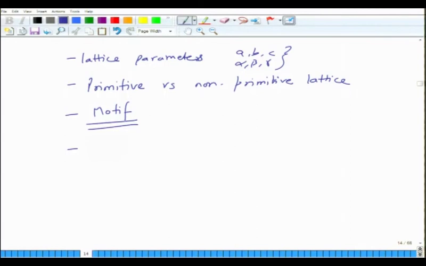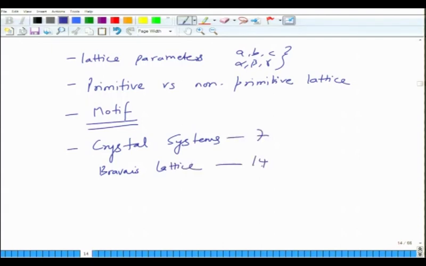And then we moved on to the concept of crystal systems and Bravais lattices. So, you have 7 crystal systems, you have 14 Bravais lattices. We have seen why we do not have 28. The possibilities are P, I, F, C. So, if you multiply 7 into 4, it should give you 28, but we have only 14, and the reasons lie in symmetry.